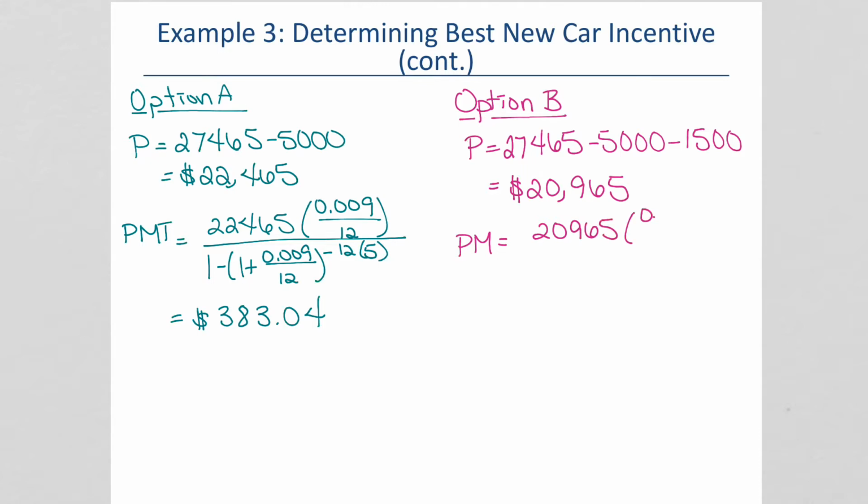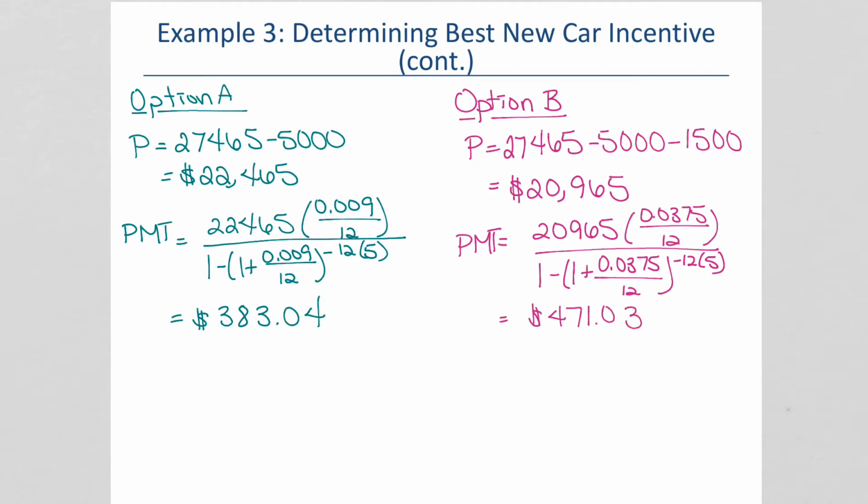But this time our interest rate is 0.0375. So the interest rate is a lot more this time, even though he put more down. So his payment will be $471.03.